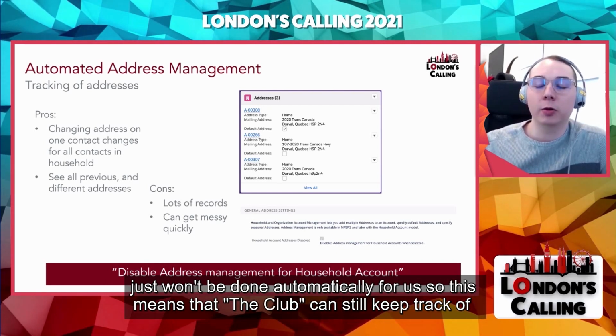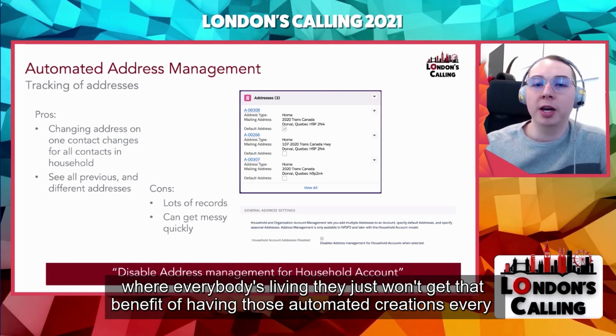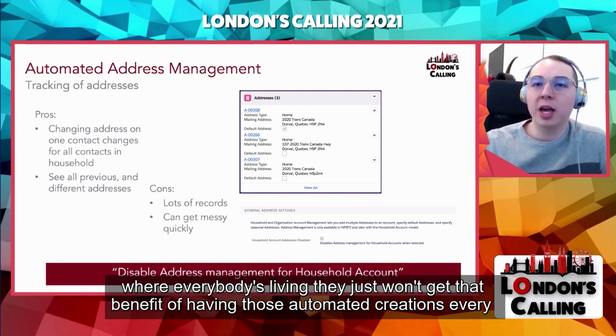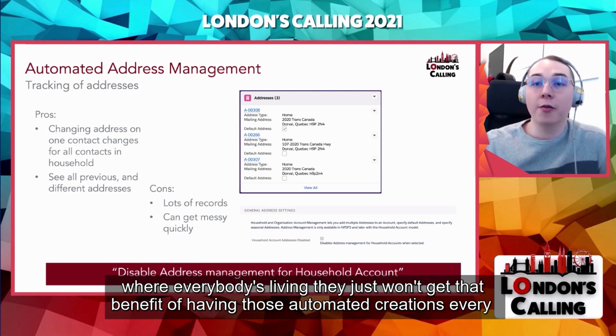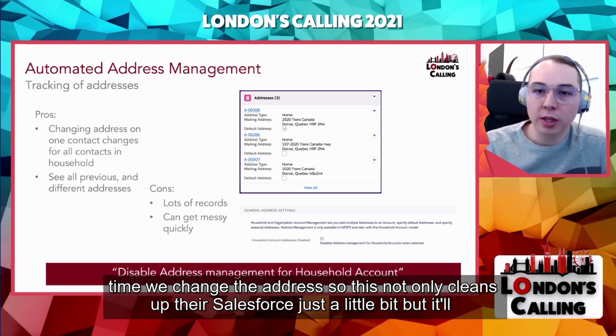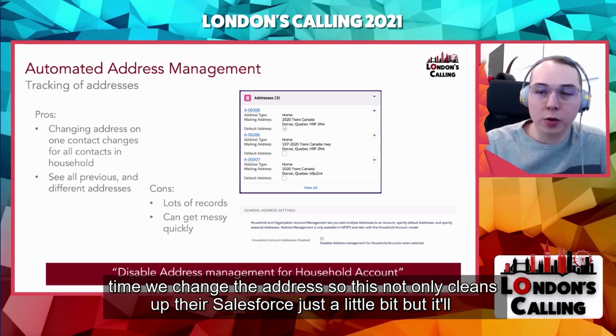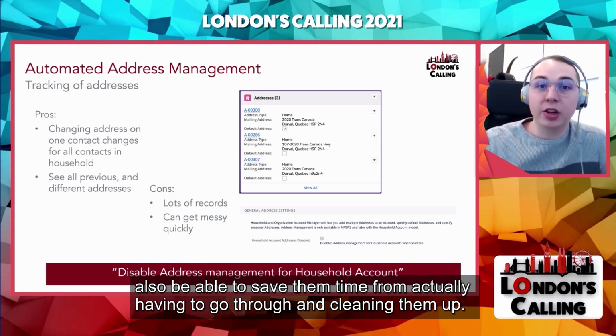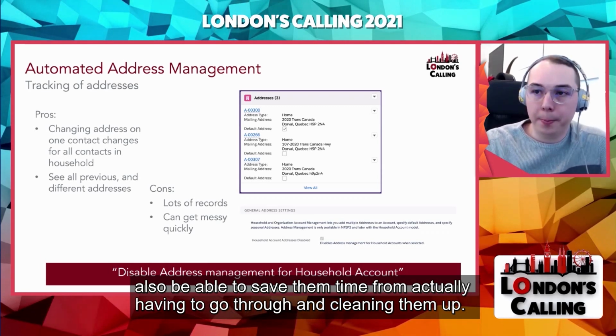So the club can still keep track of where everybody's living. They just won't get the benefit of those automated creations every time we change the address. So this not only cleans up their Salesforce a little bit, but it'll also save them time from having to go through and clean them up.